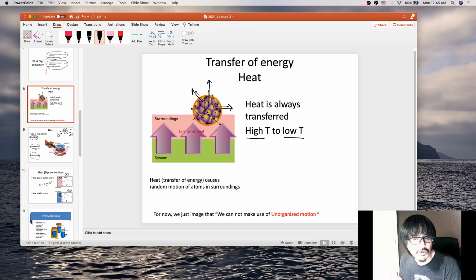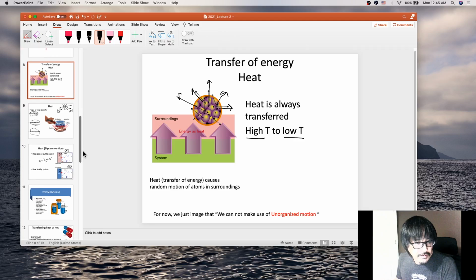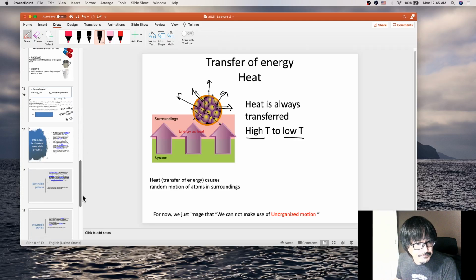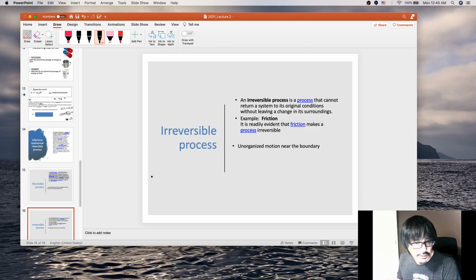Any of the molecules here are moving in random directions, going up and down or side to side more vigorously than before, right? Those are irreversible processes. So any friction makes the process irreversible, because you're introducing unorganized motions.